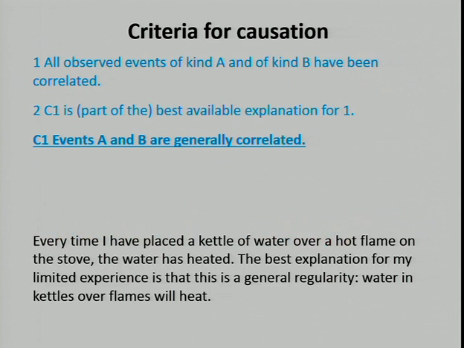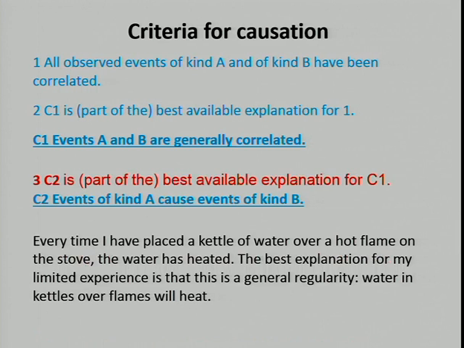So what we do here is add, so this is the conclusion that we eventually want to get. We have a limited number of observations. We think that this is evidence for saying that a general correlation holds because this explains the limited number of observations. But we additionally want to say that events of kind A cause events of kind B. And how do we do that?